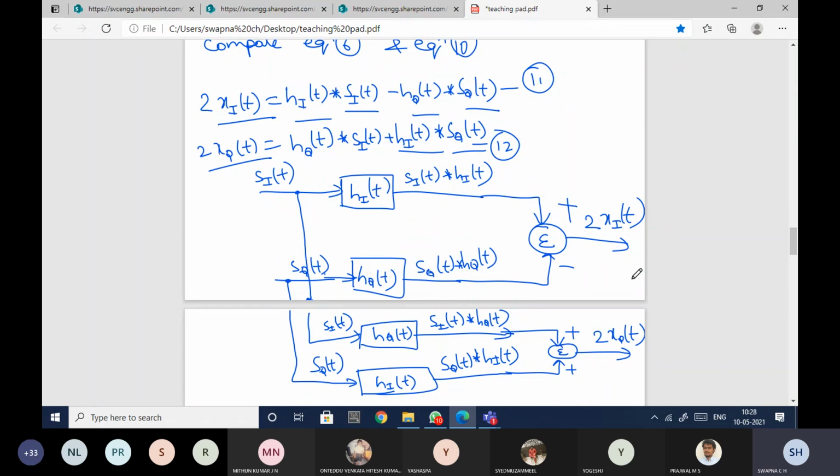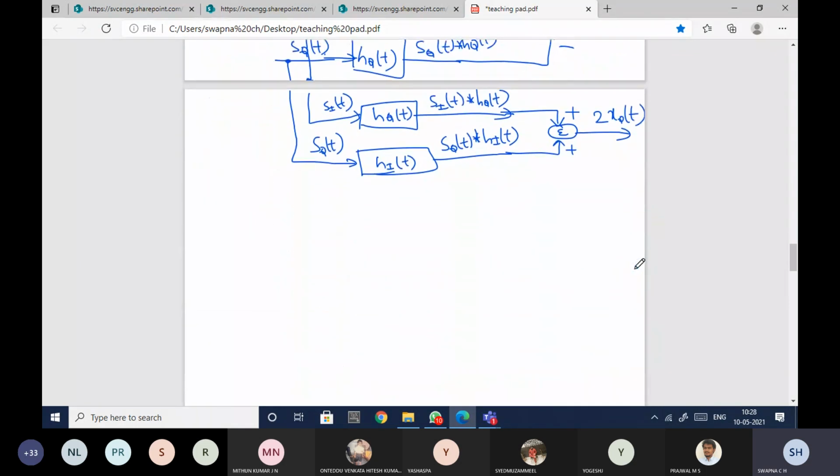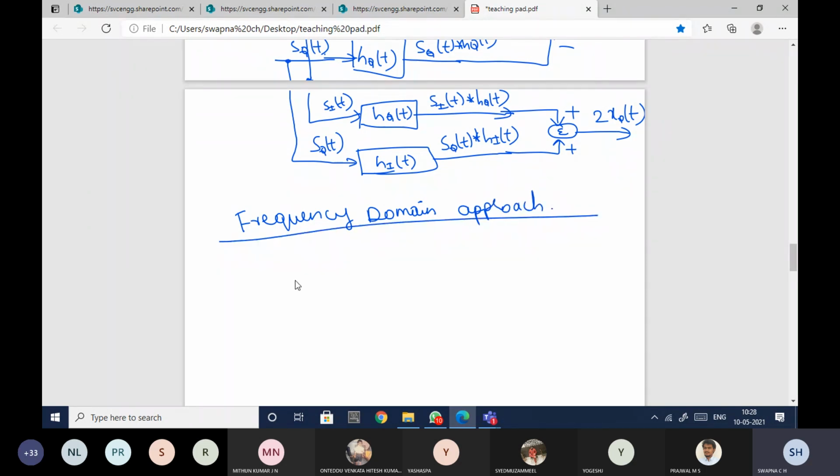Hope you are finished. I'm going for the next in the same. Sometimes they may ask you frequency domain approach. It is very simple only.